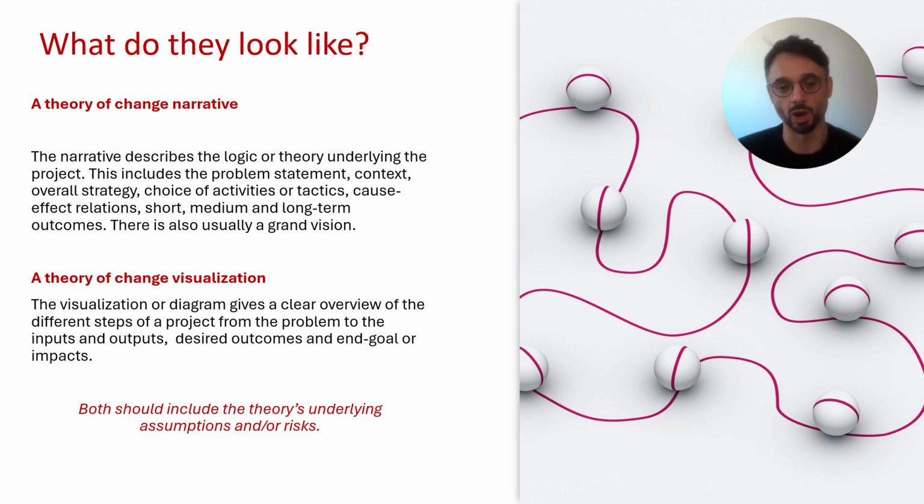Both ways of representing theories of change must include the theory's underlying assumptions or risks. The assumptions are generally about the system, what is known about that system and the relationships, feedback loops and processes within it, and the risks to particular courses of action, activities, outputs and so on.